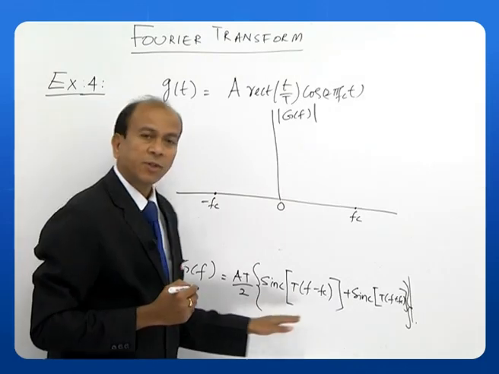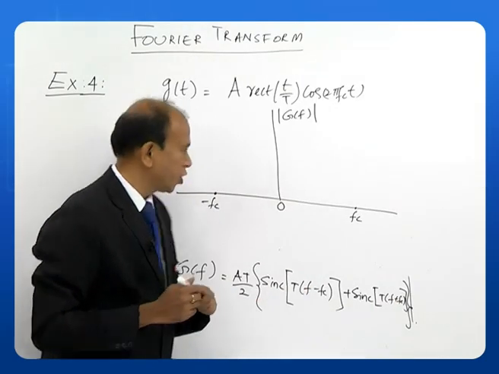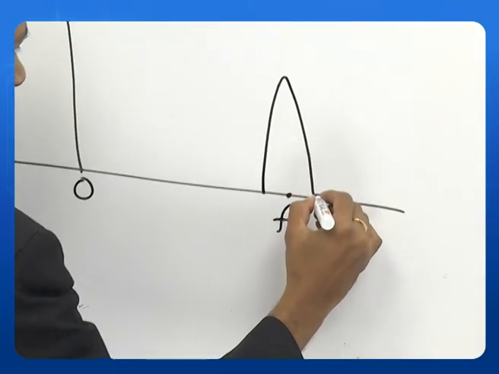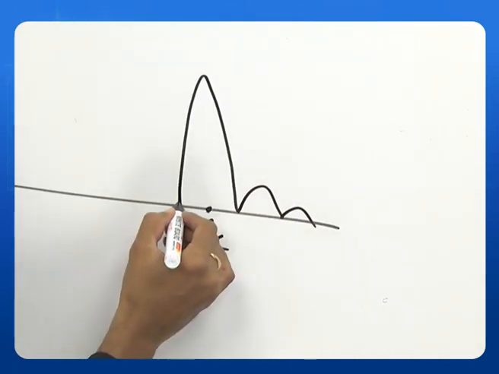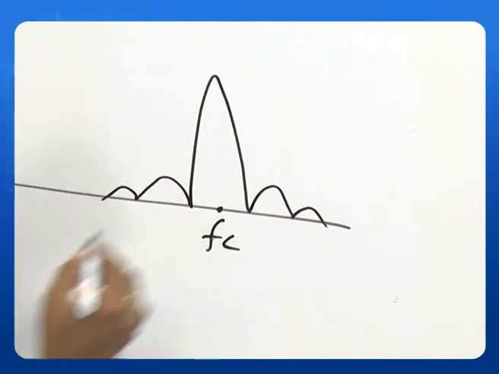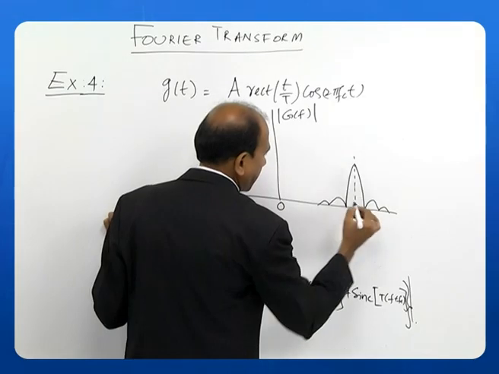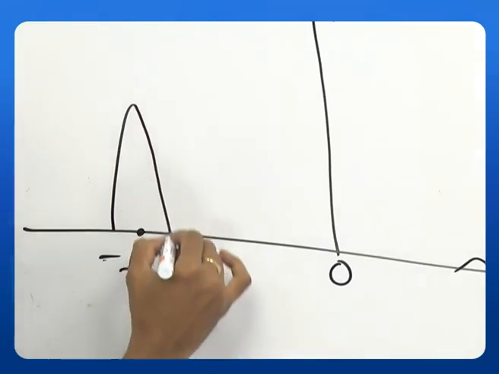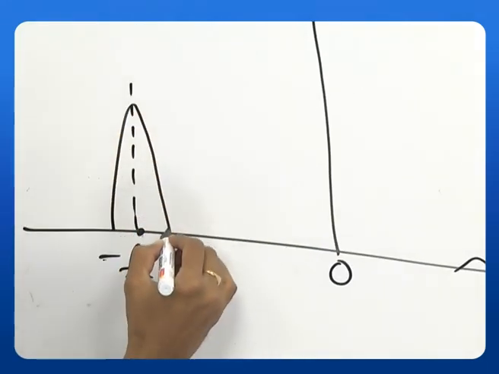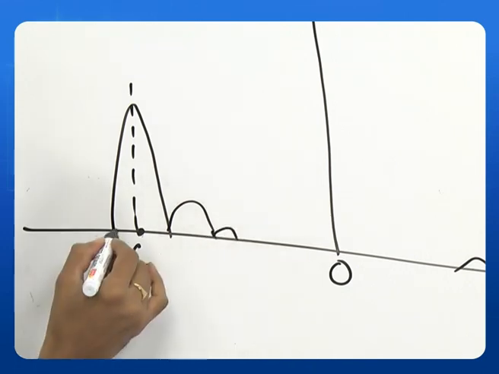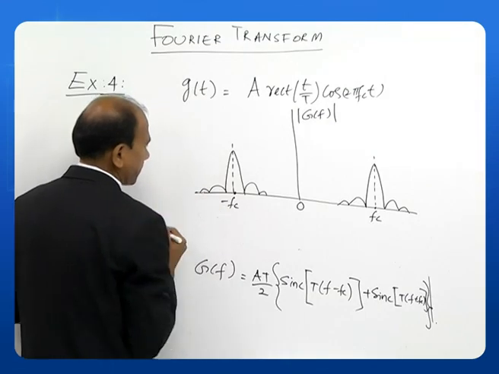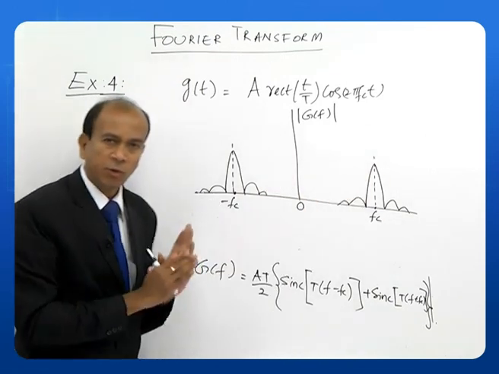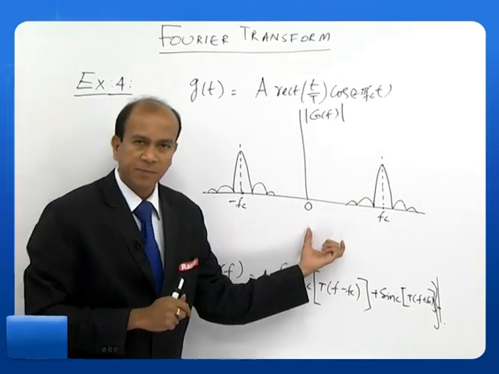If you see here, both are sinc functions, and these are scaled by a factor of 1 by 2 on both sides. So, this is the amplitude spectrum.